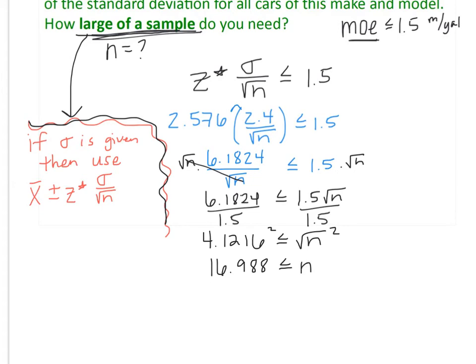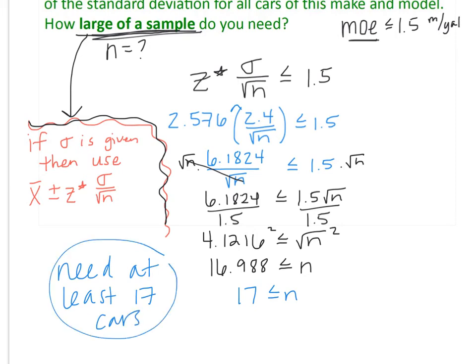Well, if I think about n being a sample size, I can't take 16.988 cars, so I'm going to round up to 17 is less than or equal to n, or I need at least 17 cars. So I need at least 17 cars, n is greater than or equal to 17, in order to have a margin of error less than or equal to 1.5.